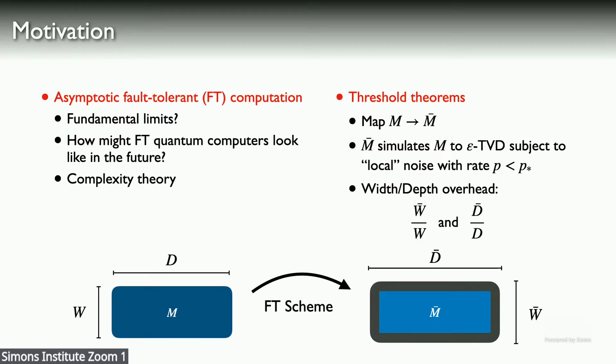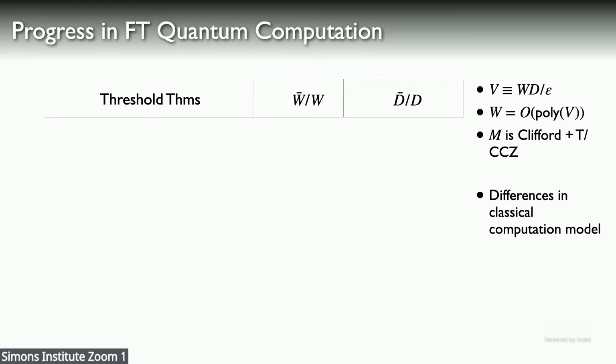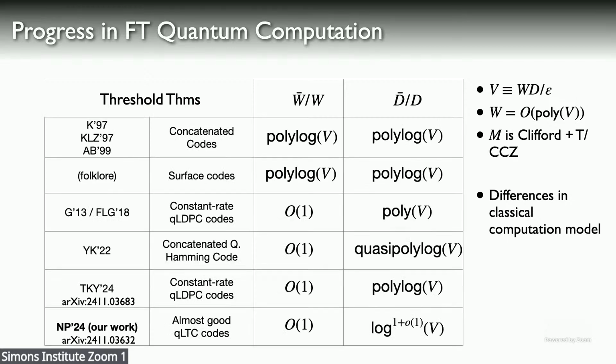What I'm going to be talking about is this width blowup and the depth blowup. That is, how many more qubits do I need, and how much deeper is my circuit. There's a long history of such threshold theorems going back, again, all the way to the 90s.